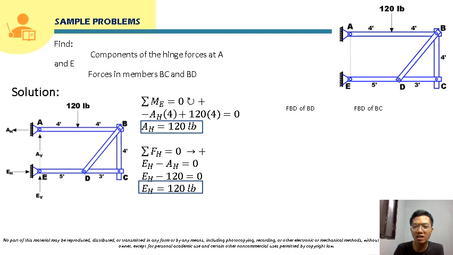Now we can proceed to the free body diagrams. Let's just show first the FBD of BD and BC. We know that the forces that will act on members BC and BD will just be axial forces. For the free body diagram of member BD, we assumed that member BD will be subjected to compression.